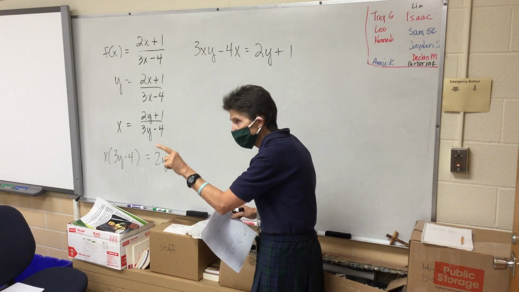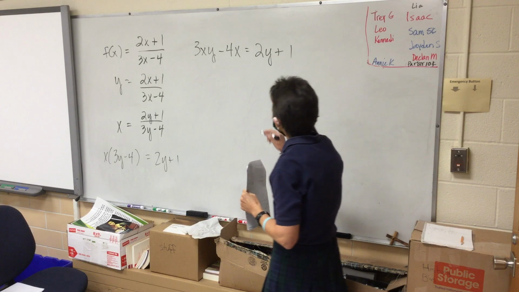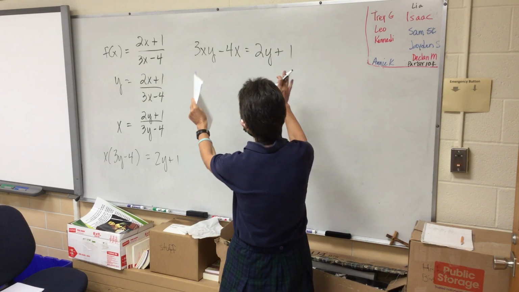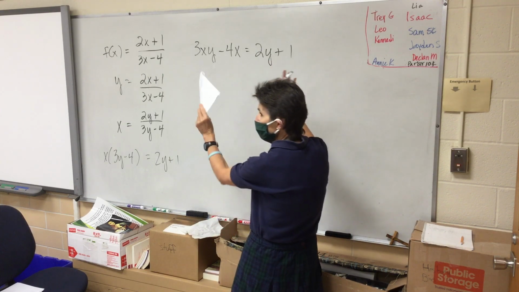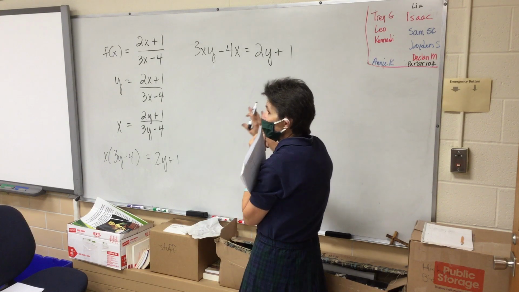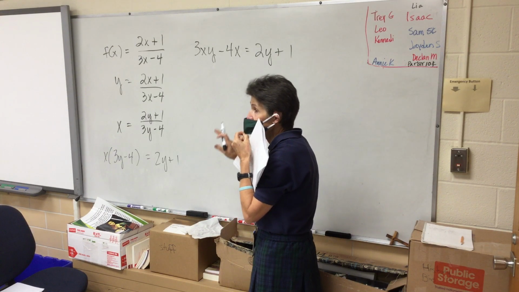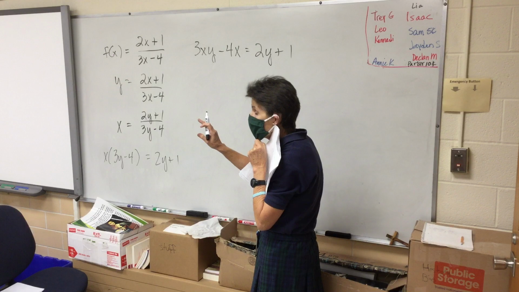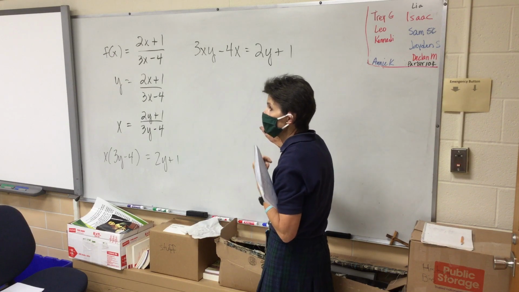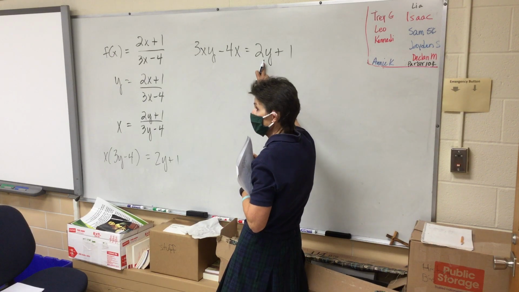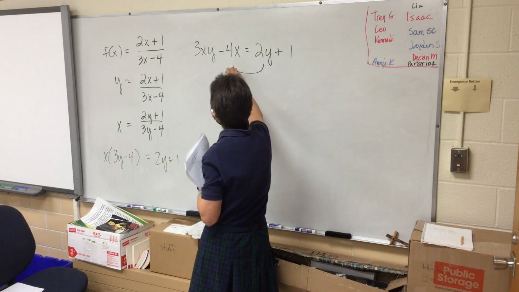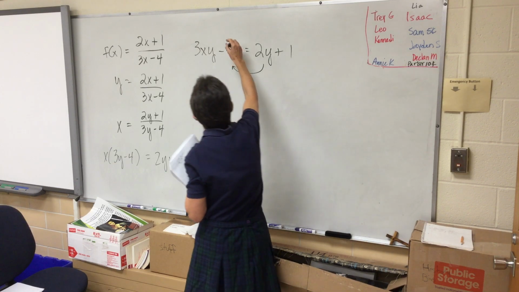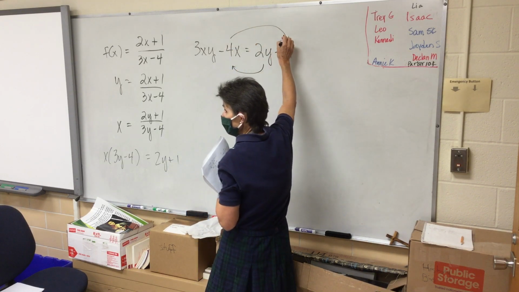So what we do instead, William, is you rearrange these terms right here, so that every y is on one side and everything else is on the other side. So see this guy right here? I'm going to bring him over here, and I'm going to bring this guy over here.